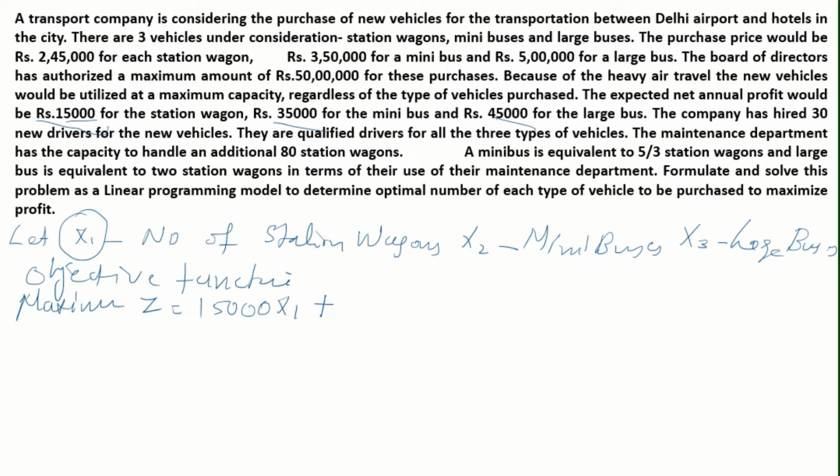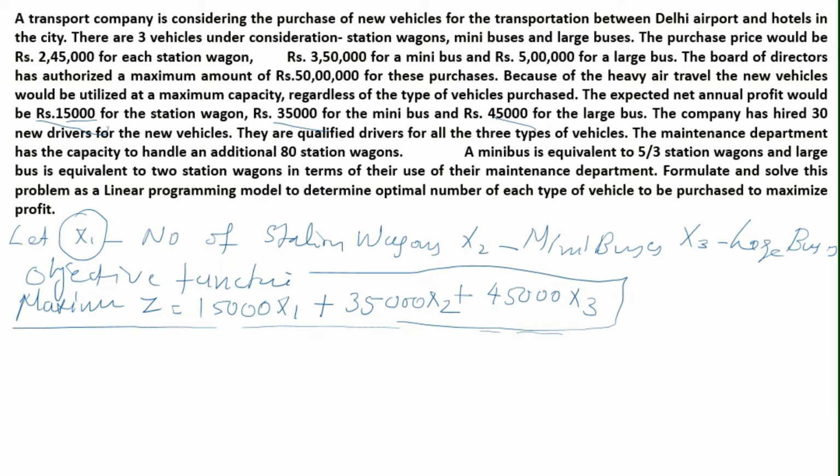Then 35,000 for 1 unit of minibus, or x2 units, so 35,000 into x2 is the total profit fetched by the minibuses. Then 45,000 into x3 is the total profit fetched by the large buses. So maximization is over. This is the objective function.